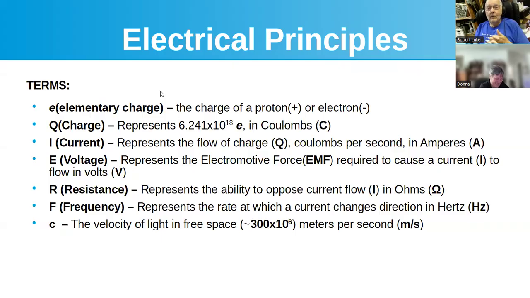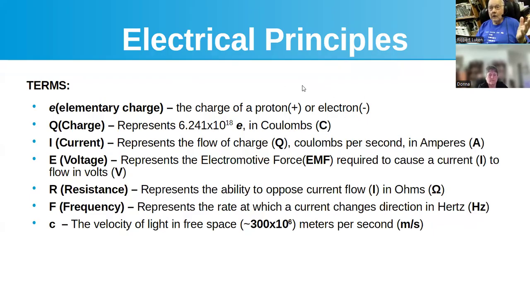We'll talk about elementary charge a little bit next week, which is either the charge on an electron or a proton. They're equal, but opposite. So protons and electrons attract one another, and protons repel other protons, and electrons repel other electrons.